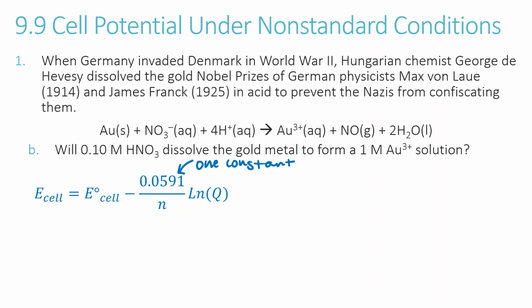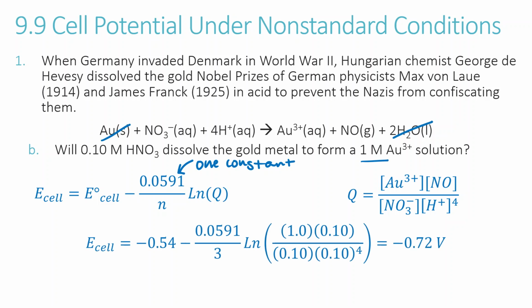The next thing that we need to know is Q. Q is the reaction quotient, and it is calculated in the exact same way that K is calculated. In order to solve for Q, remember that we don't want to include any solids or liquids in our expression. So we end up with this Q. Now we want to make 1 molar gold solution, so that's going to be a concentration of 1 molar.